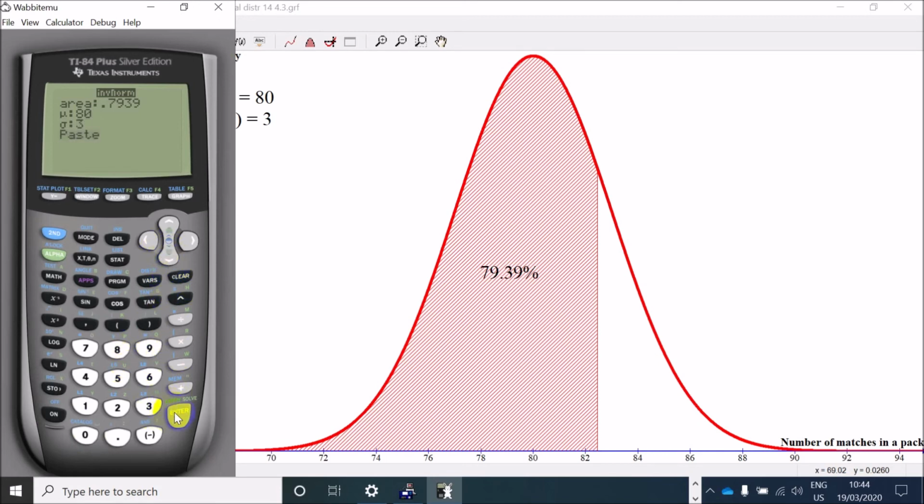So now it will look at the left side. In your case, here you find, hopefully, left, center, right. Click on the left. I don't have that. And we get 82.46. So this number here is 82.46.